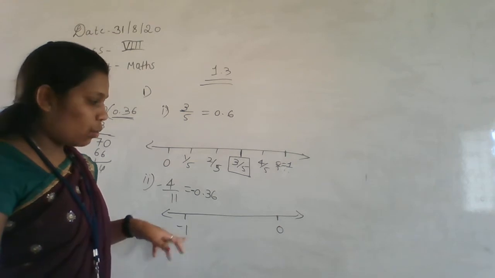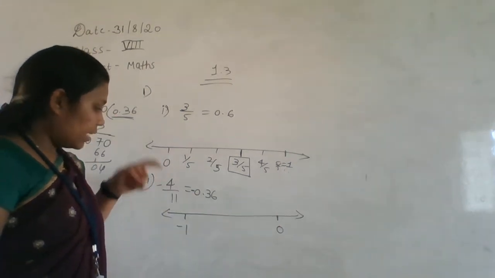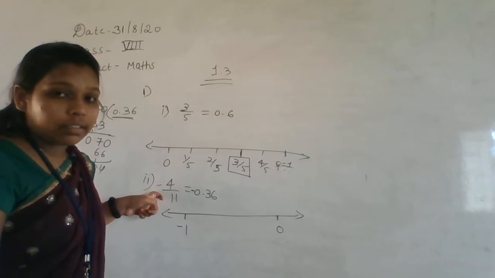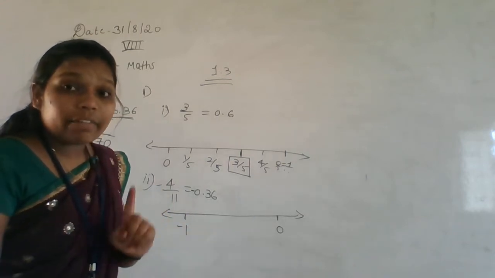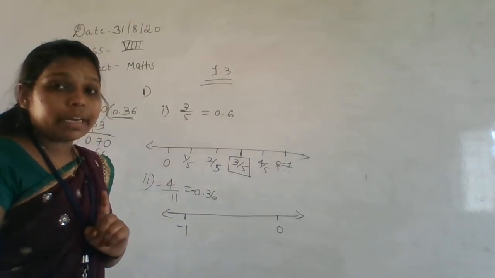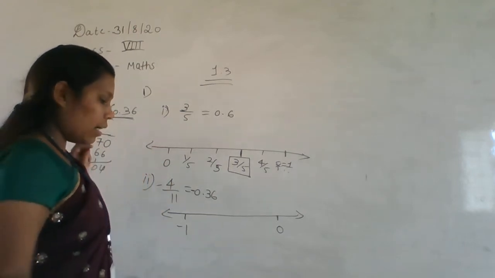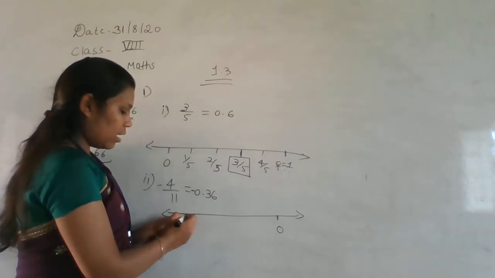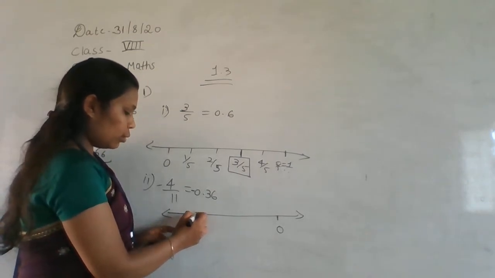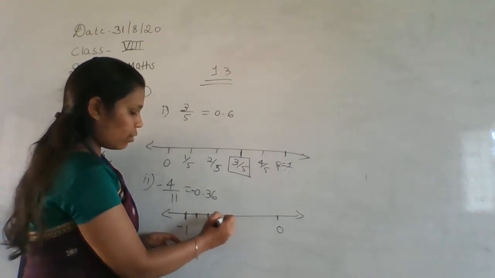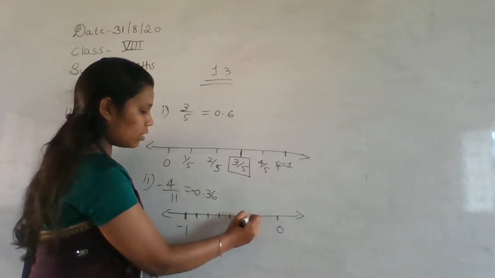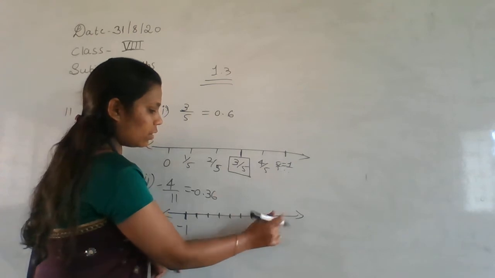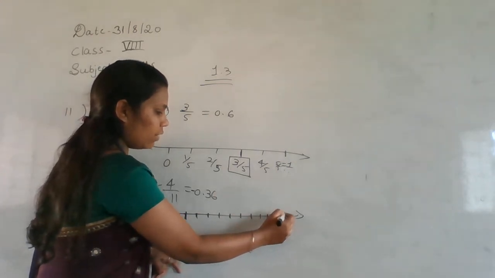Got the difference? Okay. Next, in the denominator, which number is there? In the denominator, 11 is there. So we have to make 11 equal parts here, including this one. That is 1, 2, 3, 4, 5, 6, 7, 8, 9, we are not getting 10, 11.